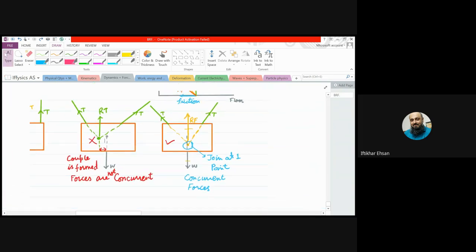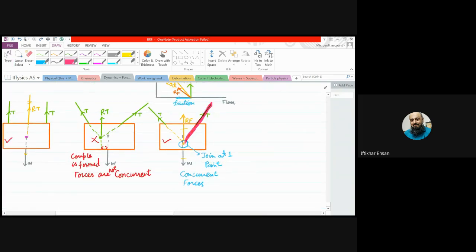But here, when you extend all the tensions backward, they join at the same point where the weight was acting. All three forces join at one point, and the resultant of the tensions will again act on the same point, exactly cancelling the weight. So that is in equilibrium.